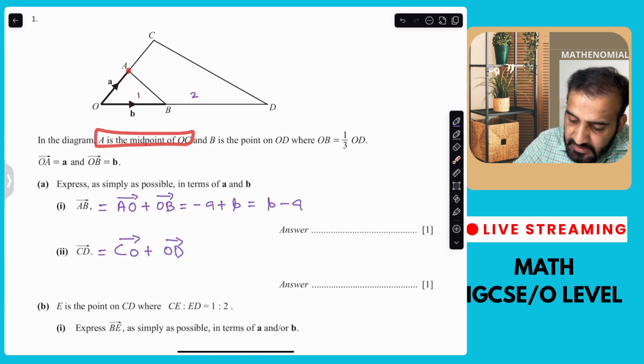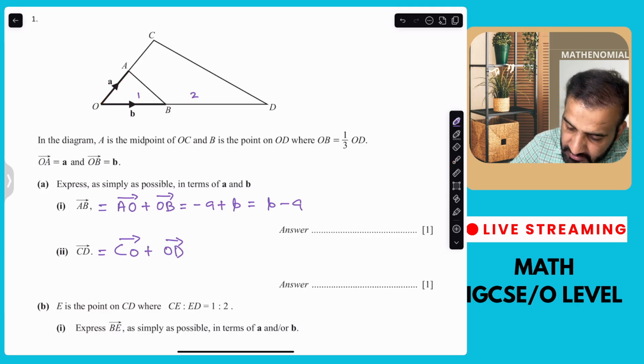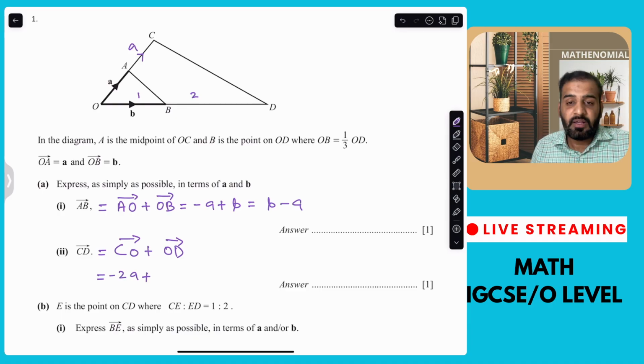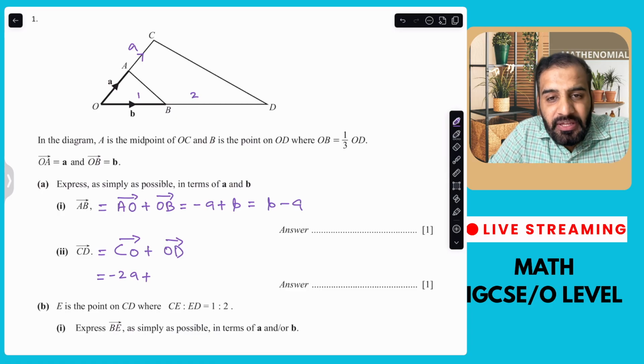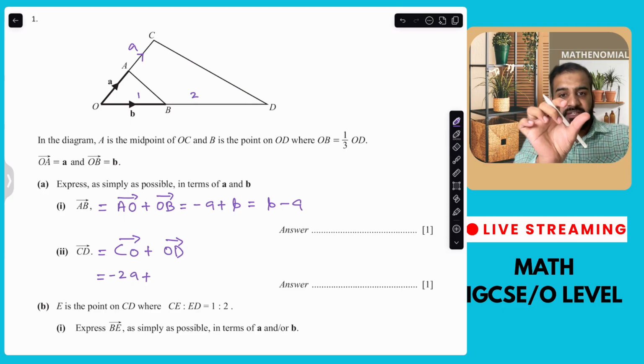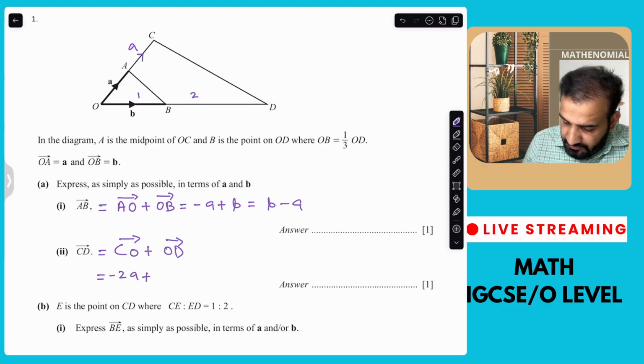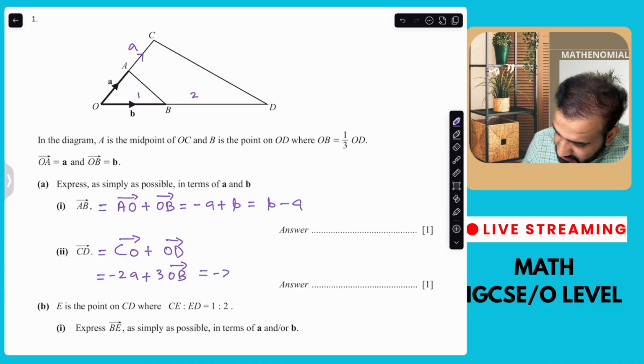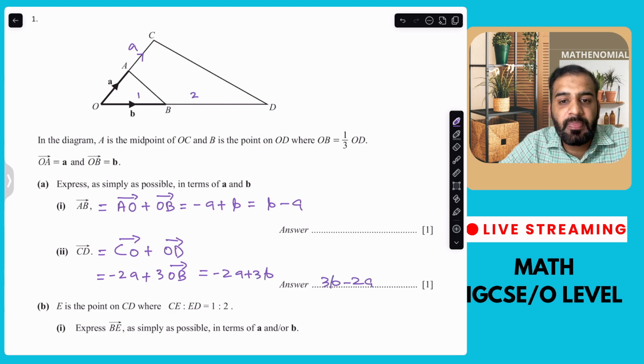So if this is a, then this vector will also be a. So CO is minus 2a plus OD. OD is 3 times this small vector OB, which equals minus 2a plus 3b. So 3b minus 2a is the final answer.